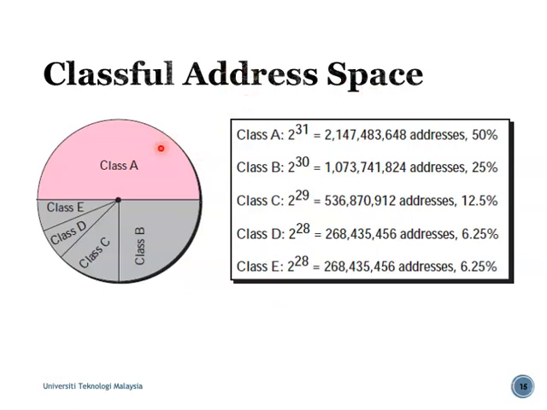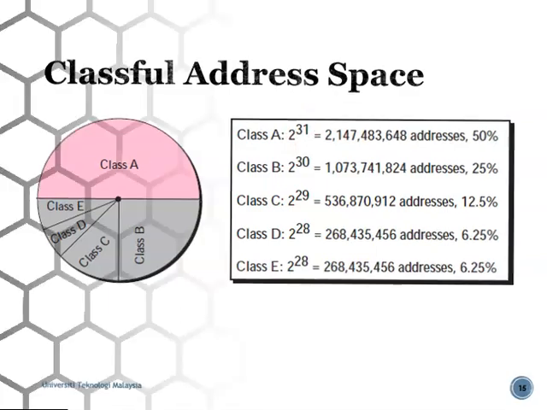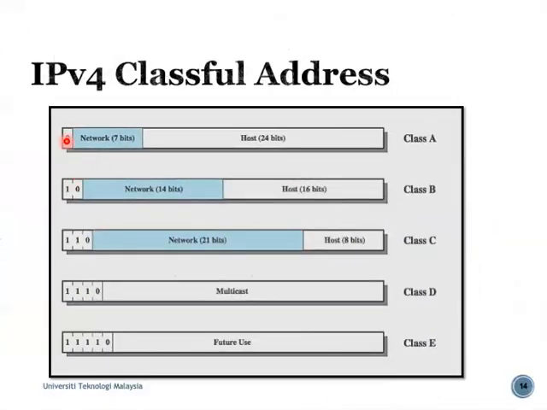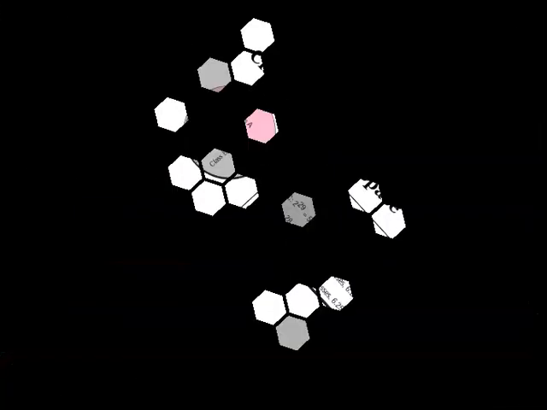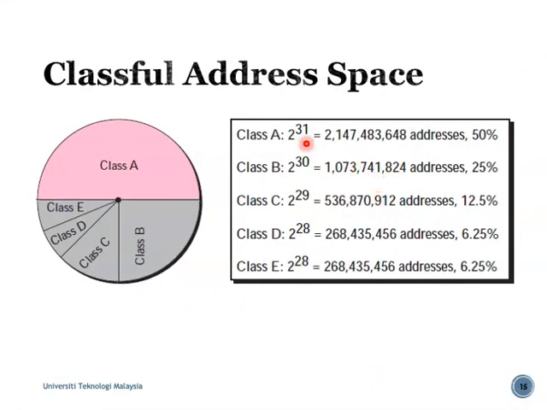Now we look at the total number of addresses, or the address space, in each of the classes. For class A, the total number of addresses is 2 to the power of 31. Why not 32 instead of 31? Recall that for class A, the first bit is already used to identify class A. For class B, 2 bits are used to identify class B. So the total address space for class A is 2 to the power of 31, which is a very large number.